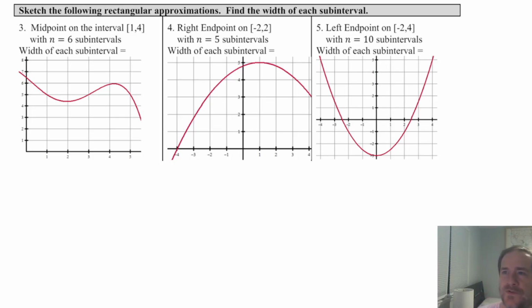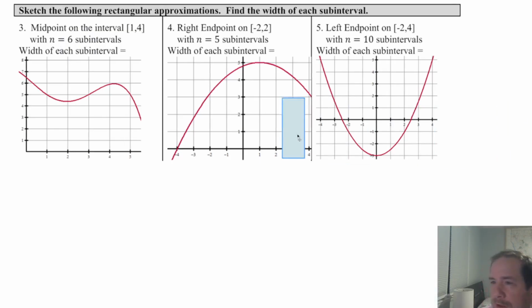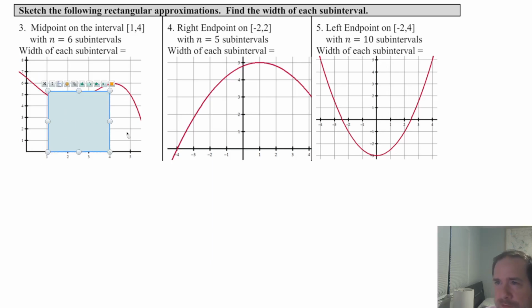Alright, so this one says sketch the following rectangular approximations. We want to use midpoint rectangles on the interval from 1 to 4. So what does that look like? If we're on the interval from 1 to 4, then obviously the entire window has a width of 3. They want me to use 6 subintervals.